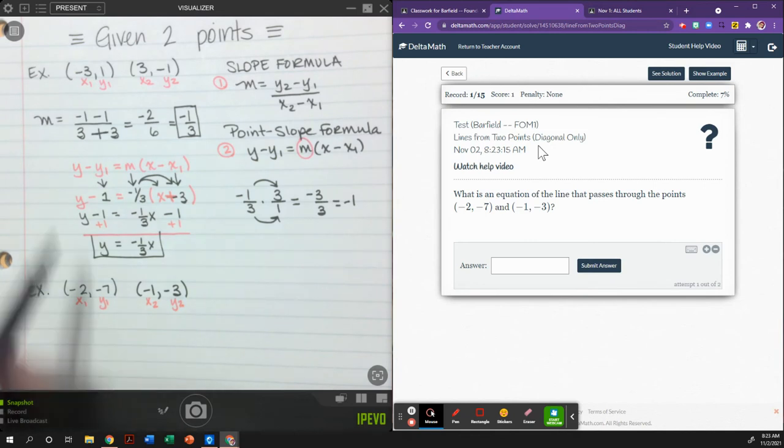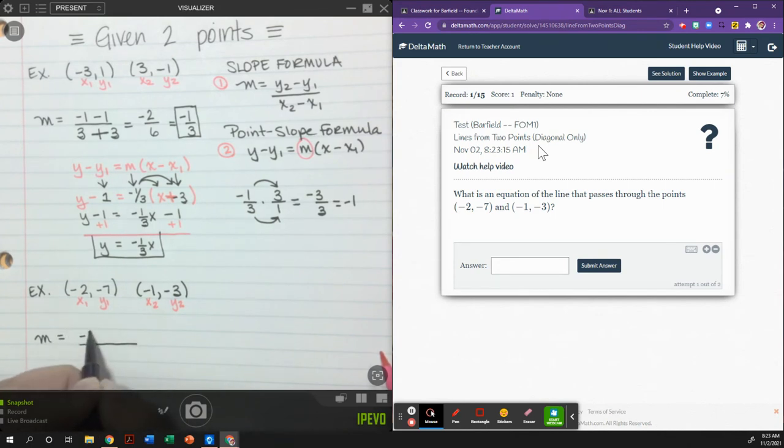So I'm going to find the slope. So m equals y2, so -3 minus -7 over -1 minus -2.